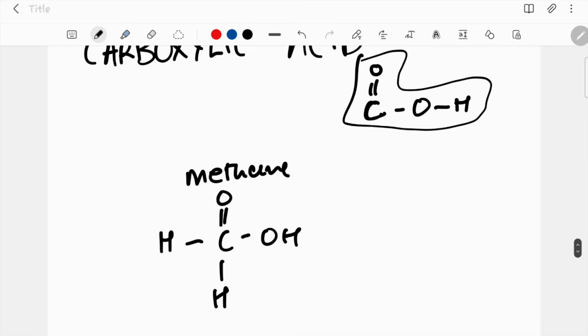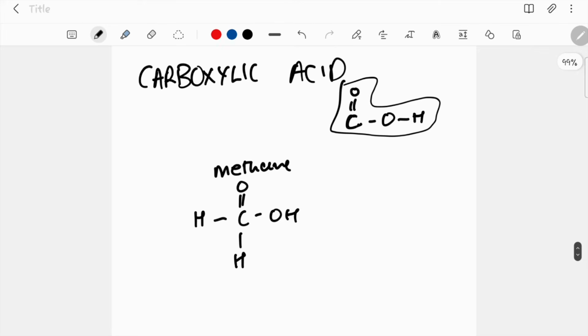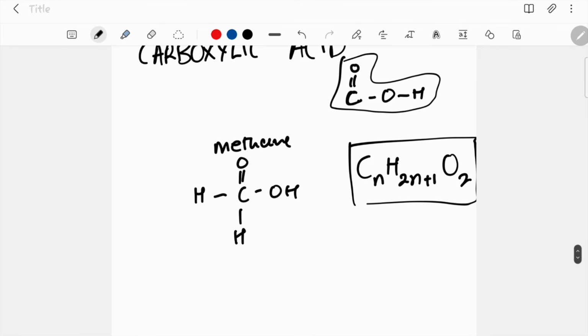The formula for this will be CnH2nO2, or some people write it as CnH2n+1 with O2H. This is the formula.